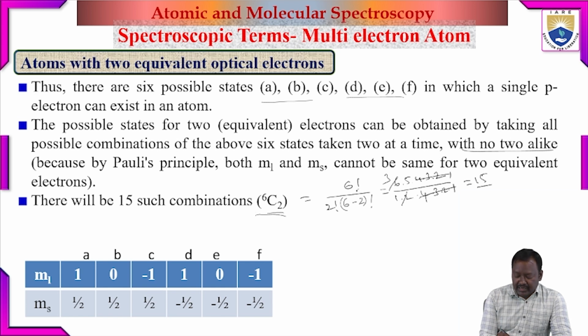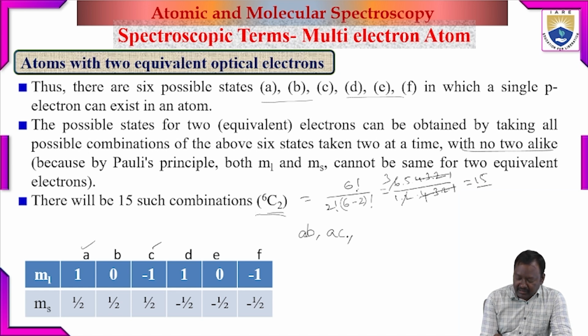So we can easily identify those combinations. If one electron is in the A state, the second electron may be in the B state, or AC, which is also one possible combination.